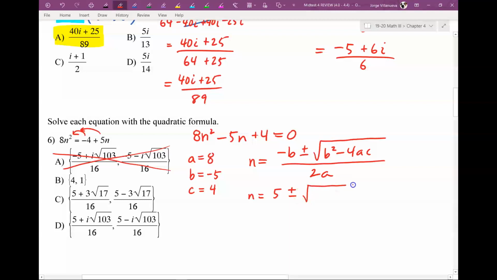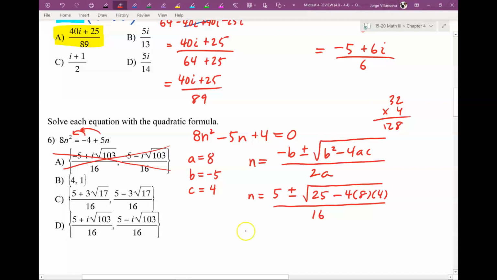Let's see, square root of b squared, that's 25, minus 4 times a times c, that's 8 times 4, over 2 times a, which is 8, so that's 16. They all have 16 on the bottom, so we're okay. The top part, 32 times 4, that's 128.